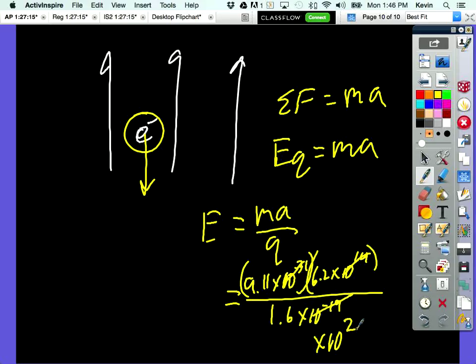Well, what do you get? 9 times 6 is 54. Add some change, like 56 maybe, divided by 1.6. 35.3. There you go, 35.3 times that, so 3,500 maybe newtons per coulomb.